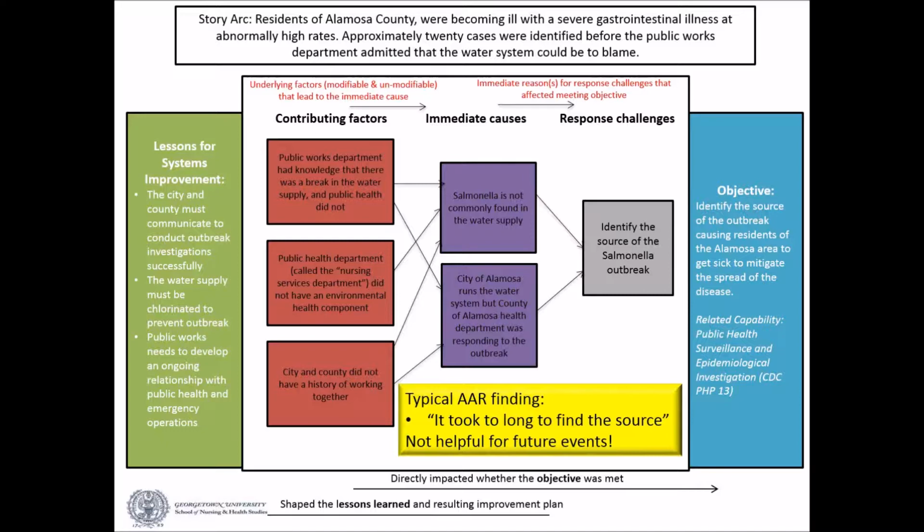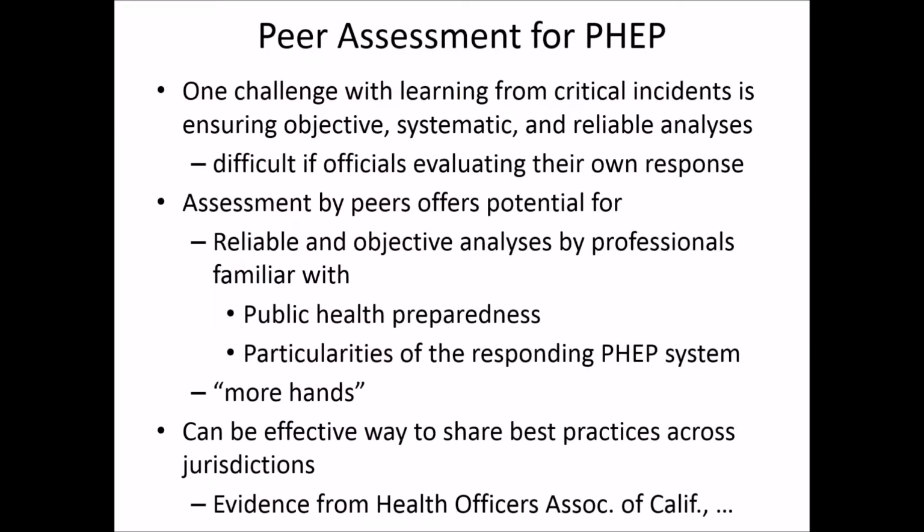Although in a world where we think about causality, it works in the opposite direction: these contributing factors lead to the immediate causes and then, of course, the response challenges that we observe. It really involves some iteration, going back and forth, to identify these root causes effectively.